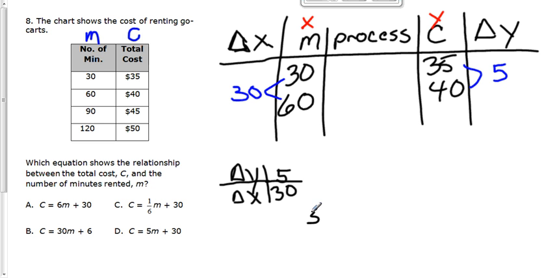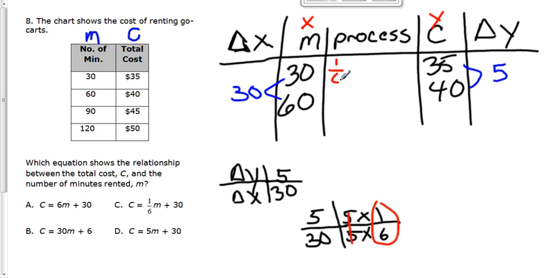What do you know about 5 and 30? 5 and 30 is a fraction that can be reduced. Remember? Let me show you old school. 5 times 1 is 5, and 5 times 6 is 30. So that reduces down and gives me the fraction of 1/6.